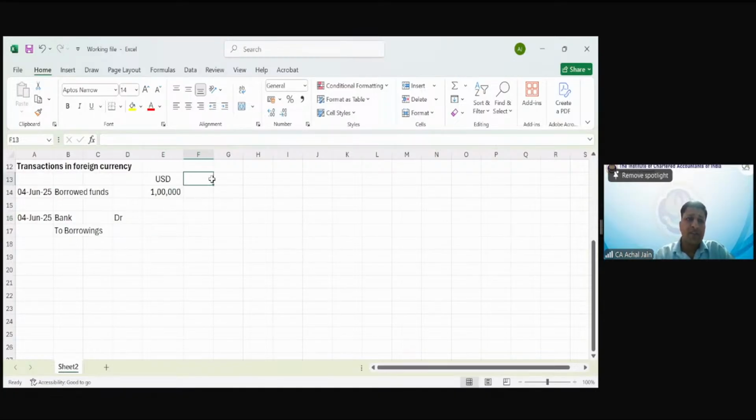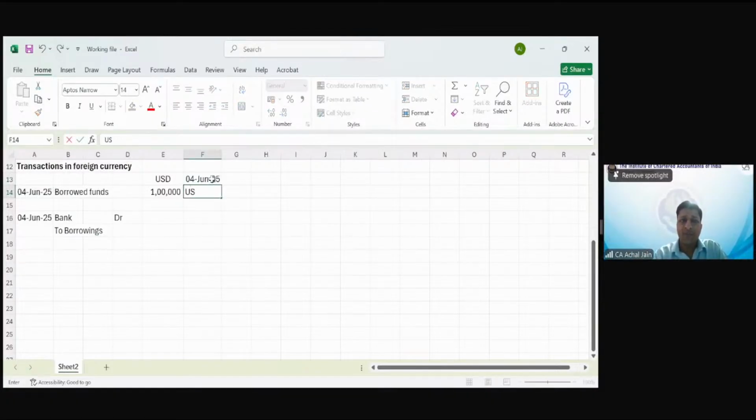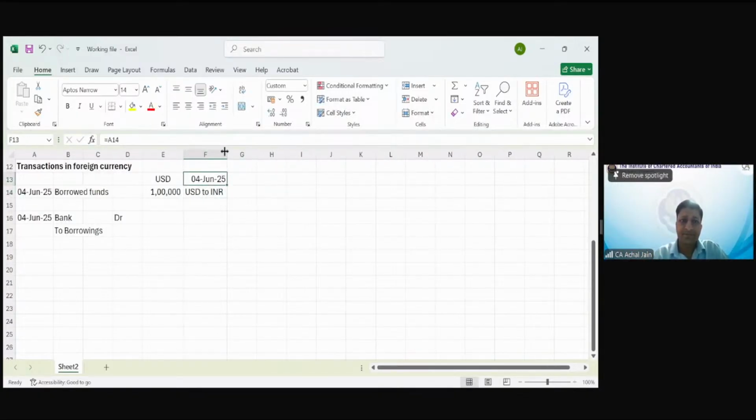On the date of this transaction, means on 4th of June, you check what is the conversion rate. So if USD to INR conversion rate you pick up, what is that rate? Let's suppose that is 85, please don't check the rate today. I'm just taking this as an example. Fine.